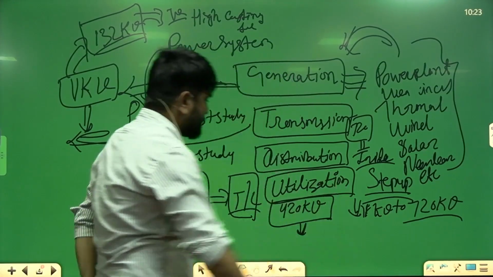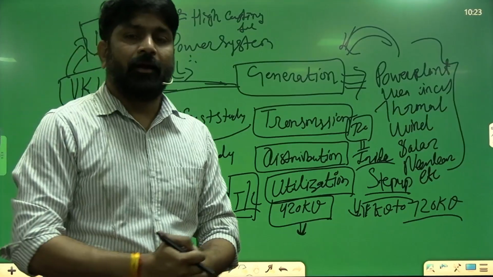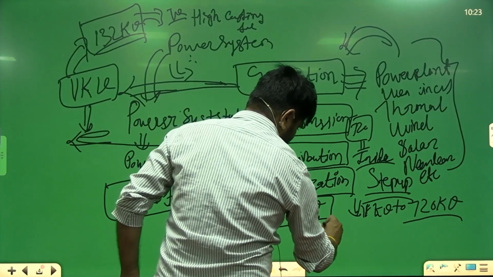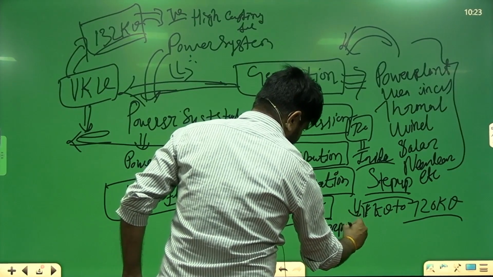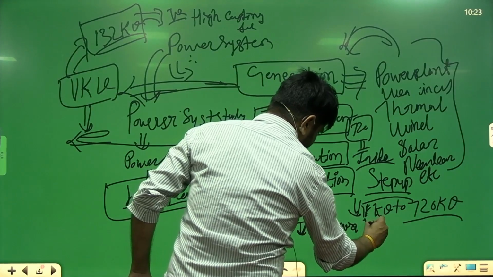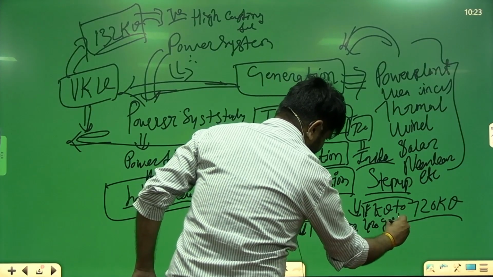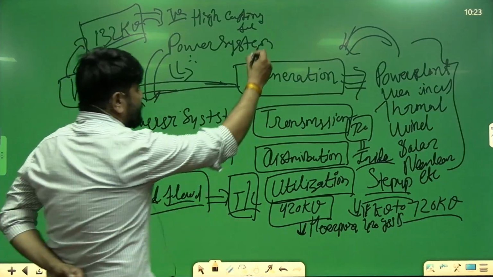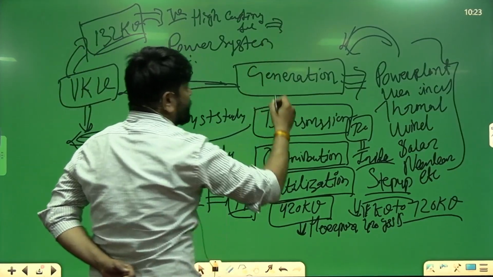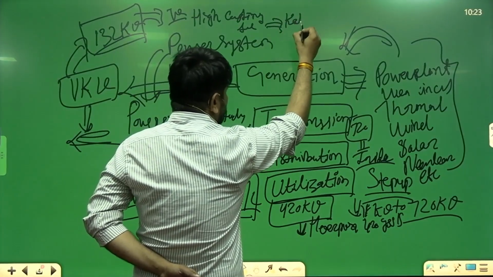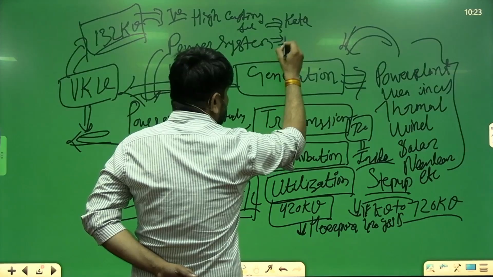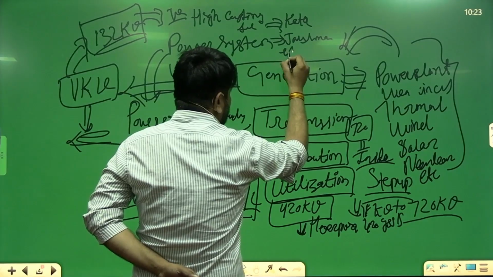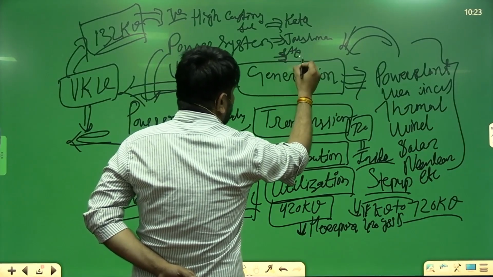You all know, guys, we are living in Jaipur city, and in Jaipur, the Heerapura 420 GSS is established, where the incoming feeders come from Kota, Jaisalmer, etc. and Ganganagar.